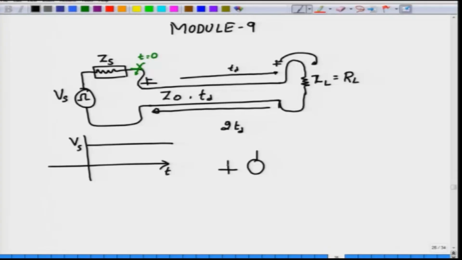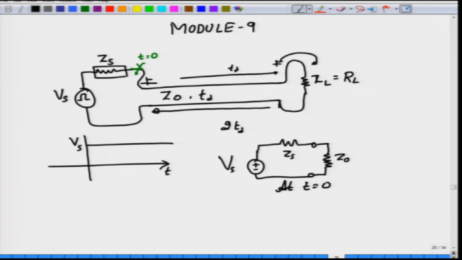This is your DC voltage, plus minus, with an amplitude of Vs, and the internal resistor Zs connected immediately to the transmission line, whose characteristic impedance Z0 is what the source will see. This is the equivalent circuit that the source sees at t equal to 0.